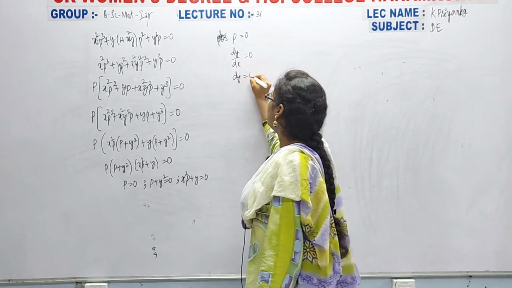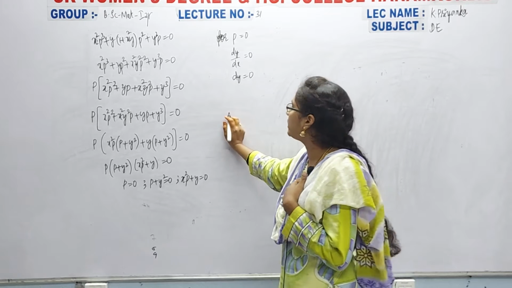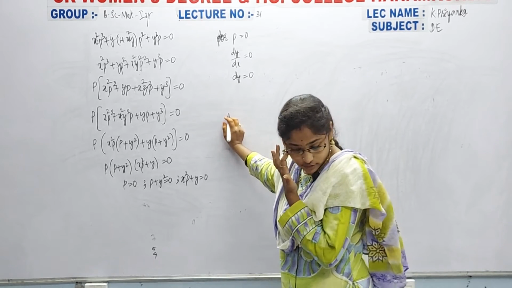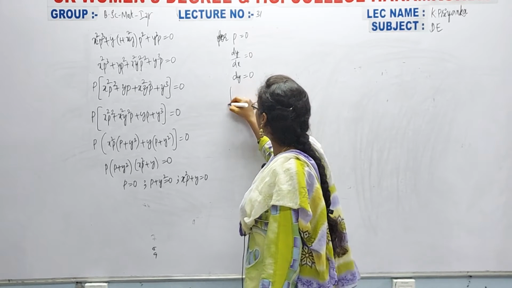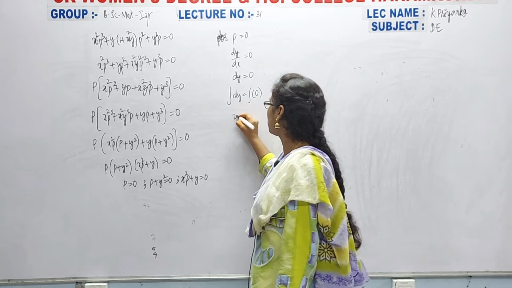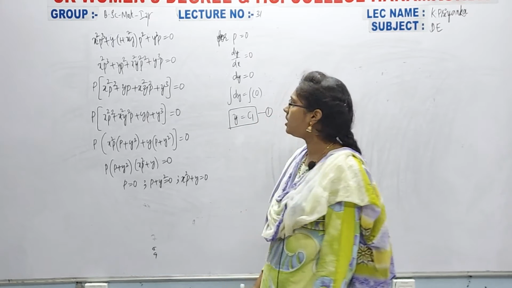Therefore dy is equal to 0. By taking the integration, we get integration of dy, that means y, which is equal to some 0 we have, so it is nothing but directly some constant. So now here by taking integration, so it is nothing but y which is equal to some c1, and it is equation number 1.